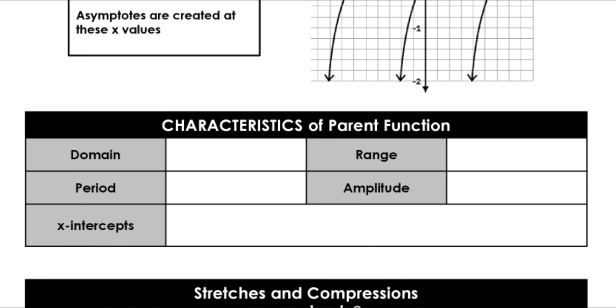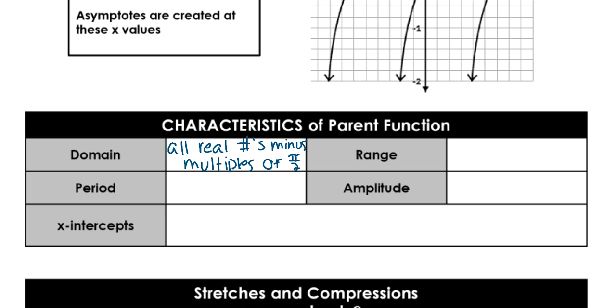So the domain for this function is, again, that continuous function from left to right, except it has those asymptotes. So it is all real numbers except any multiples of pi over 2.